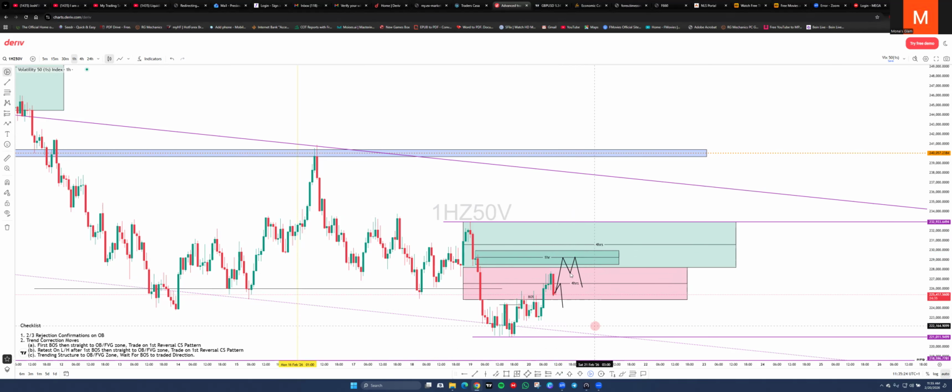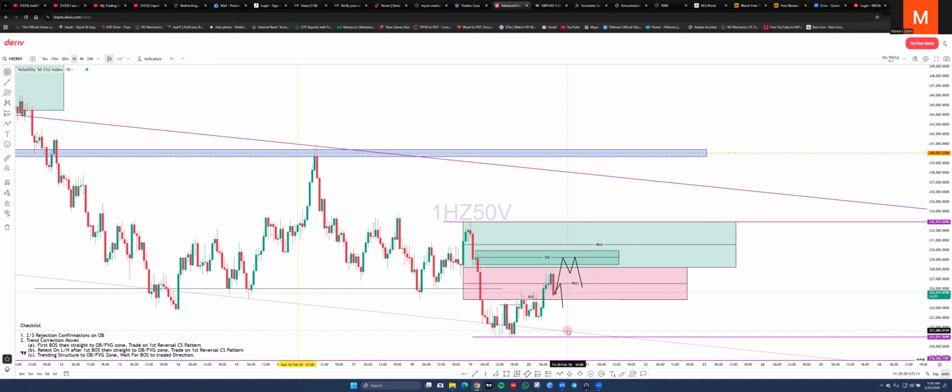Once it breaks this structure from here, however it is, I'm going to take it as a sell if I see the reversal candlestick pattern to break that structure. I will take it as a sell. This is my view, this is my lookout. I have to put it down in writing so that I know what to expect on this pair this week.